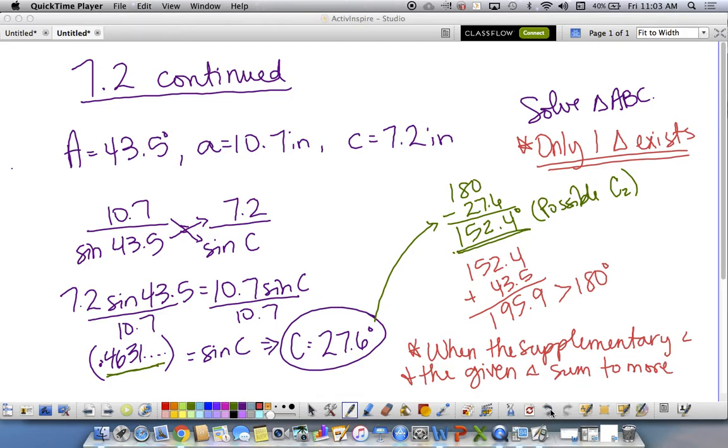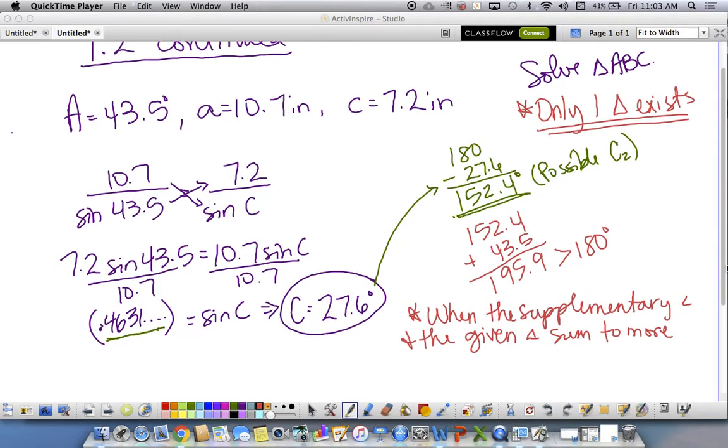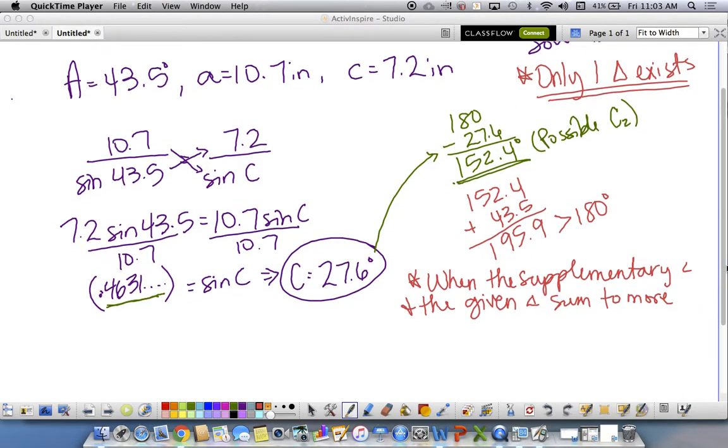This is when I wish I could scroll at where I'm doing it, but I have to walk back over here. So there is no C2.